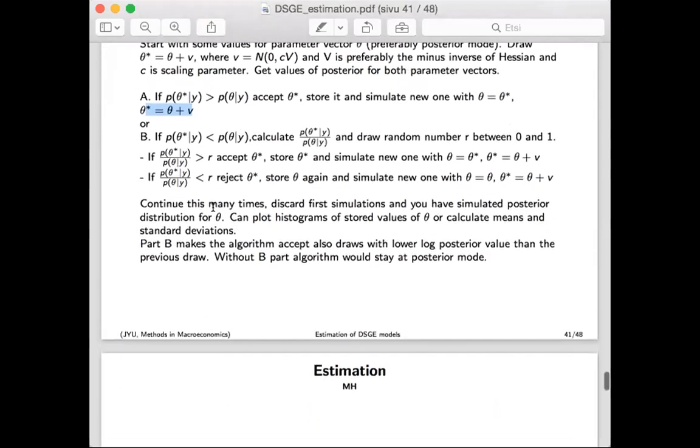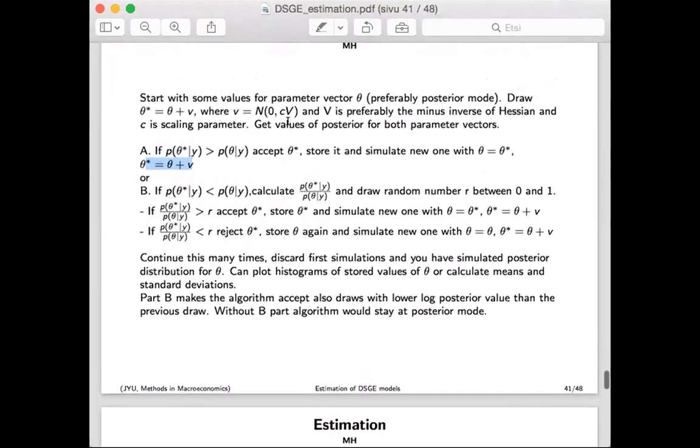Why it is important is that if C is really large, we will explore a lot from the distribution, but then we will also reject quite a lot. If it's small, then typically we are accepting more of the draws, but we will stay quite close to the posterior mode.